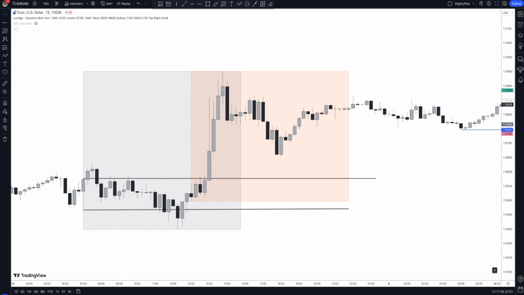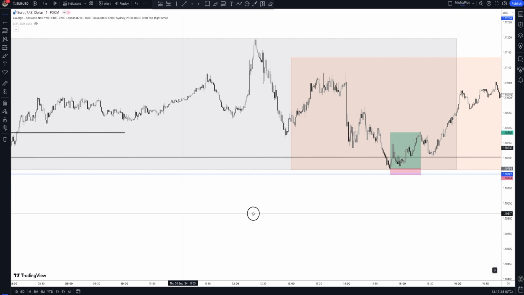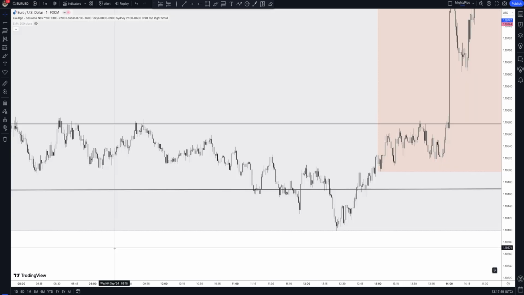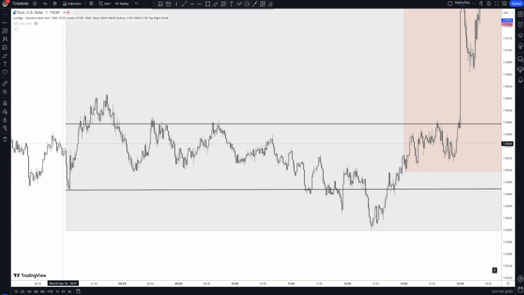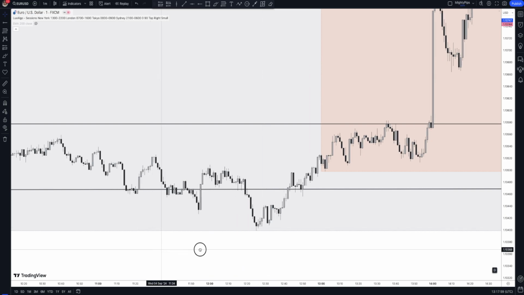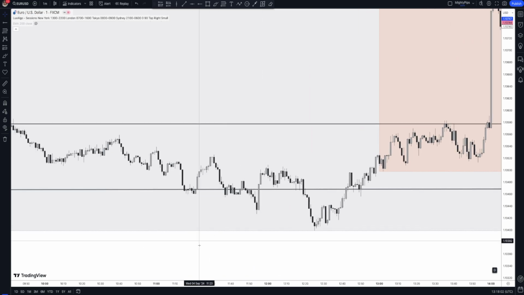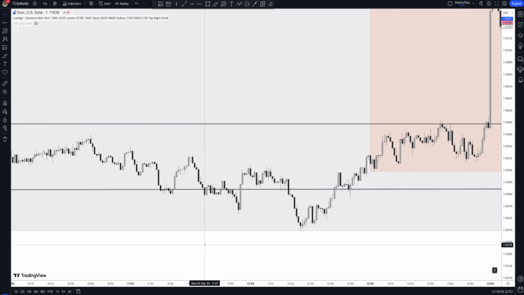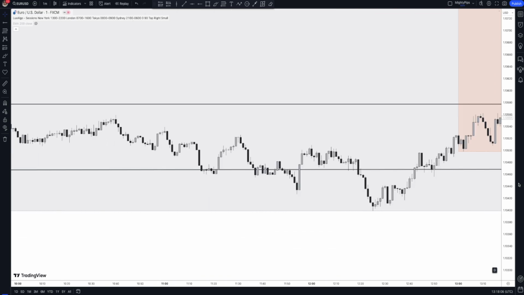So we go down to the 1 minute chart, and then we go to that area there, okay? So we can see that after the close of that candle, it comes back to sweep liquidity down here, okay? So we look for the candle that closed below, the first candle that closed below, and that candle is this candle here.